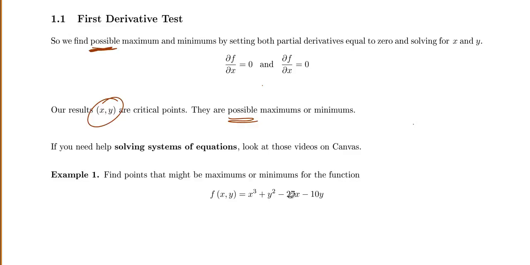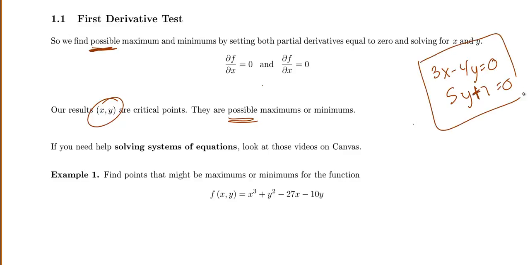Now when we do this, we go through and solve equations, and you're going to get equations like this sometimes, like 3x minus 4y equals 0, and 5y plus 7 equals 0. You're going to get what we call systems of equations, when you have two equations and you're trying to solve them. If you don't remember how to do this from algebra, go onto Canvas. I have a specific section called Solving Systems of Equations.